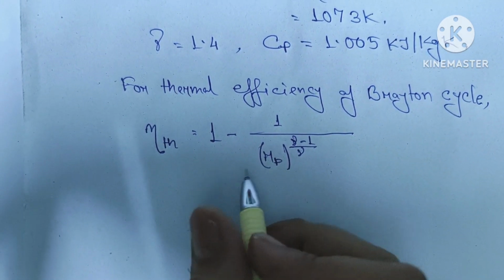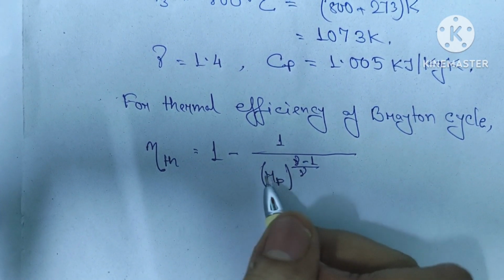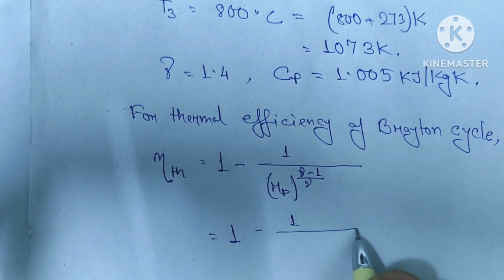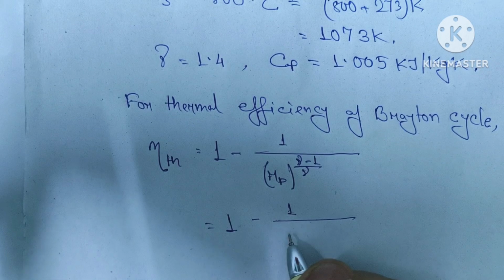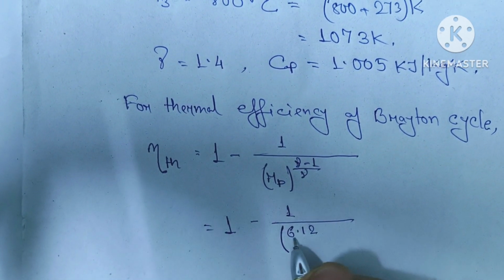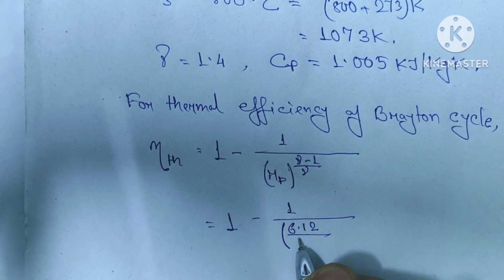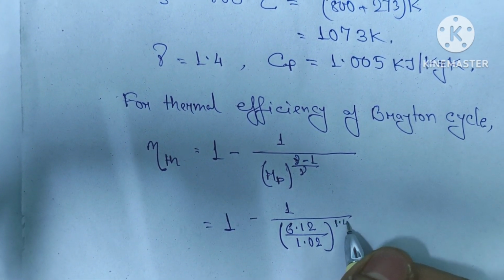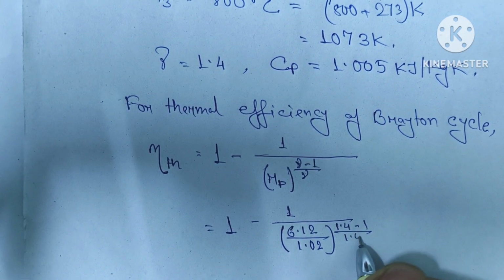Now let me put the values, where Rp equals to pressure ratio, that is 6.12 by 1.02. The value of gamma is 1.4, so the power is 1.4 minus 1 by 1.4.